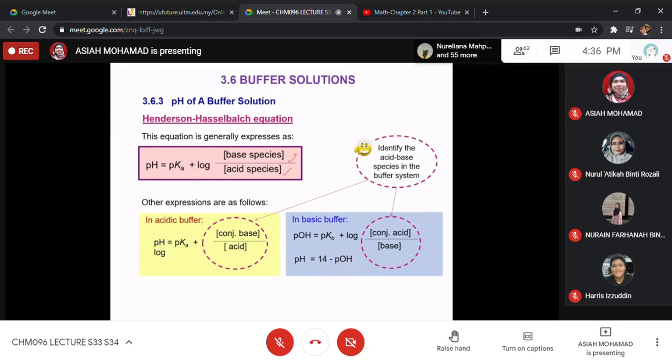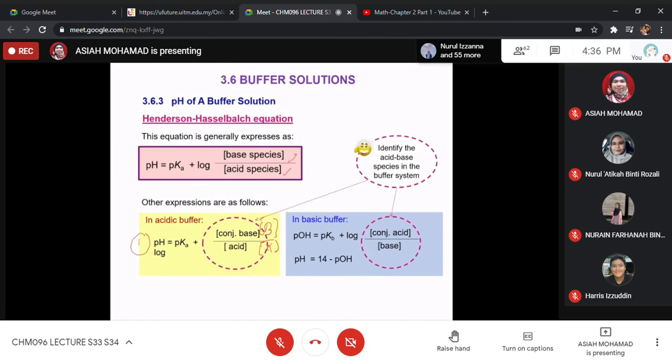Other expressions are as follows. In an acidic buffer, you can use the equation as described previously: pKa plus log of the concentration of base over the concentration of acid at equilibrium.